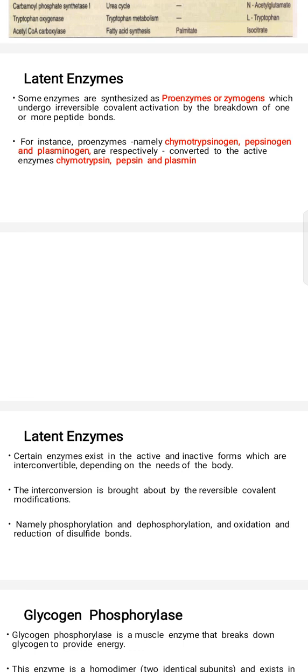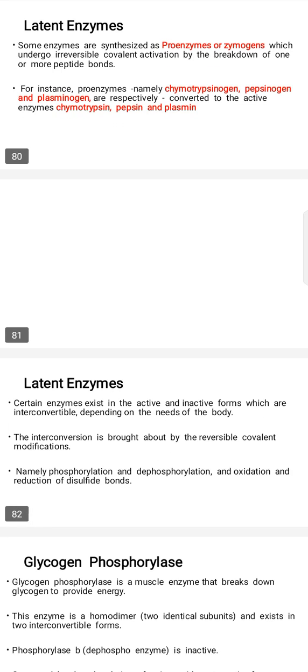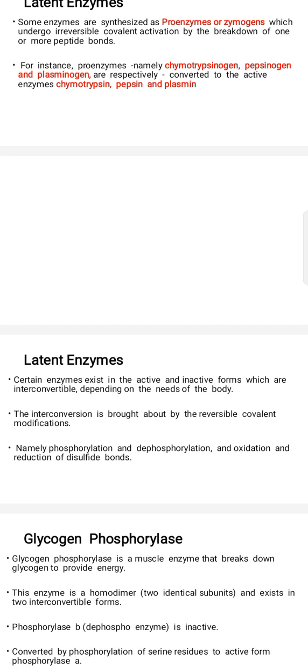So these enzymes will be converted to their active enzymes. Pepsinogen is converted to pepsin, plasminogen will be converted to plasmin, then chymotrypsinogen will be converted to its active enzyme called chymotrypsin.